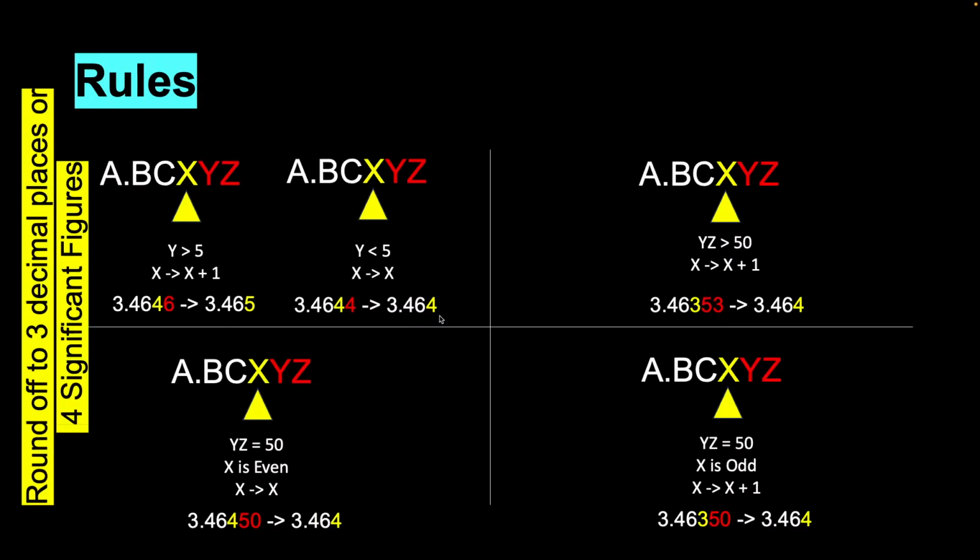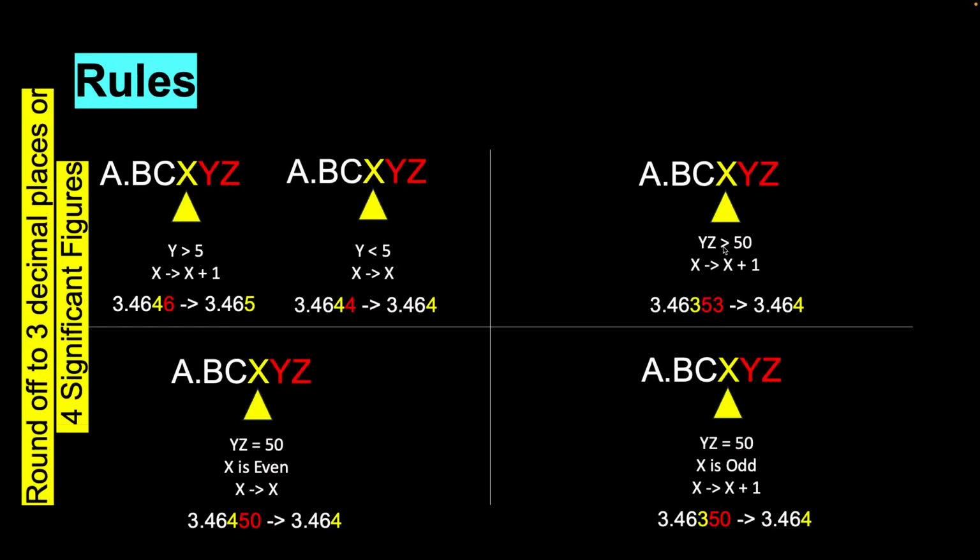Now moving to the next rule, it says that if the number to the right of the cutoff digit is greater than 50, then the cutoff digit is increased by 1. In the previous two cases we saw that if the digit to the right of the cutoff digit is greater than 5, the number would be 6 to 9, or less than 5, meaning 0 to 4.